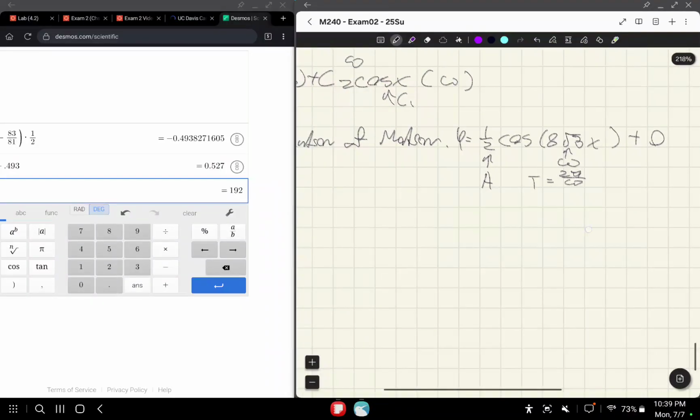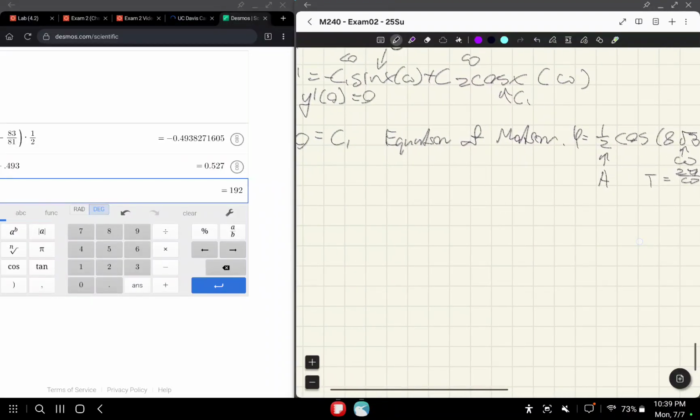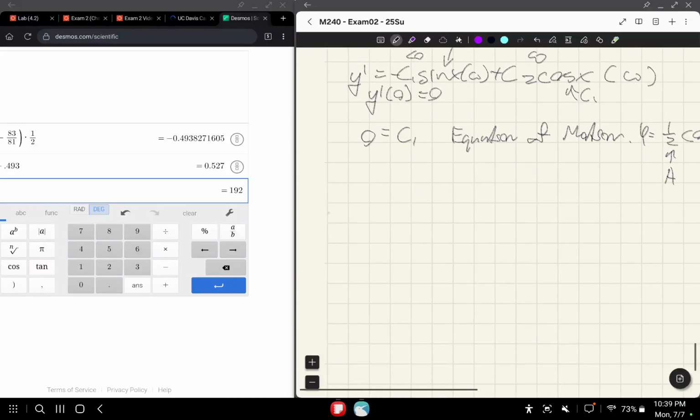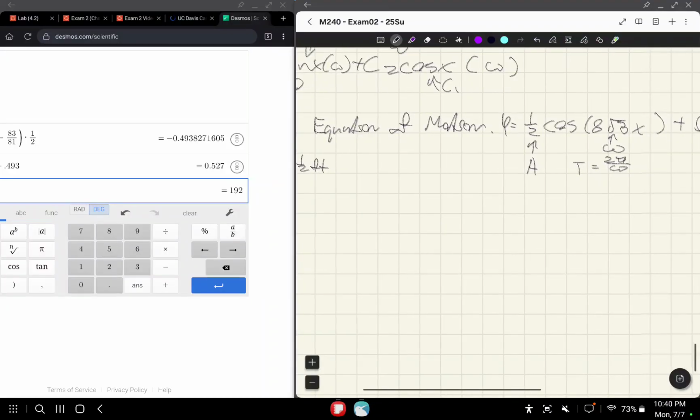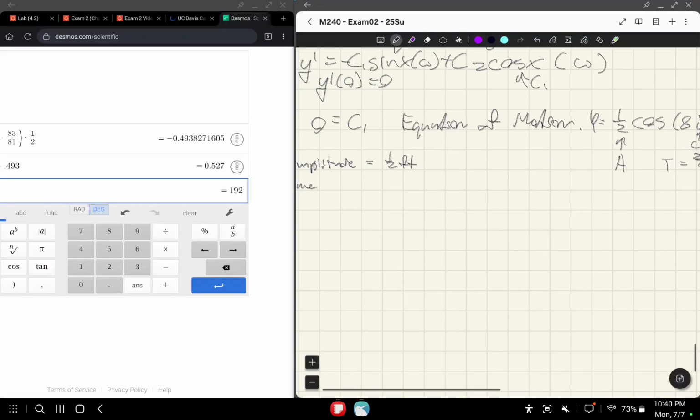So let's find those. Our amplitude is equal to 1/2 feet, and time doesn't matter for units because it's always in seconds.